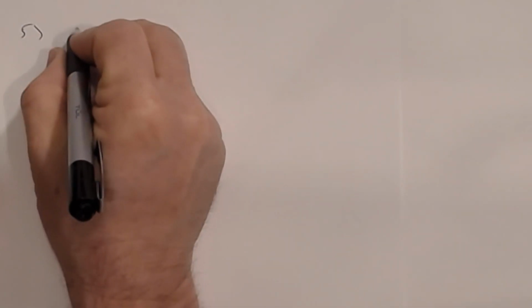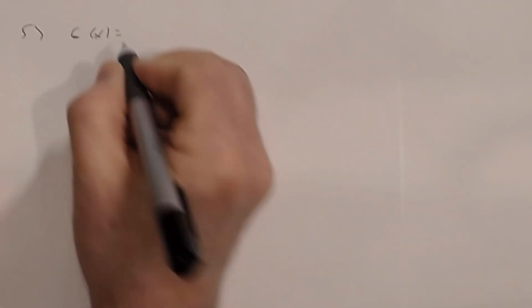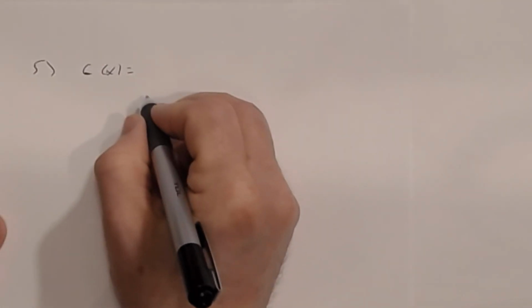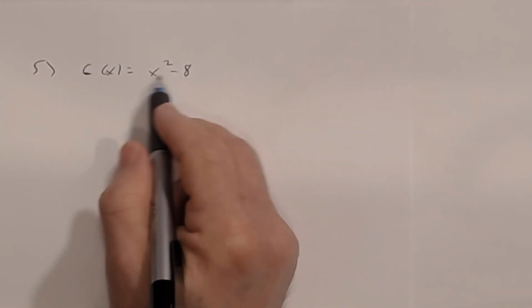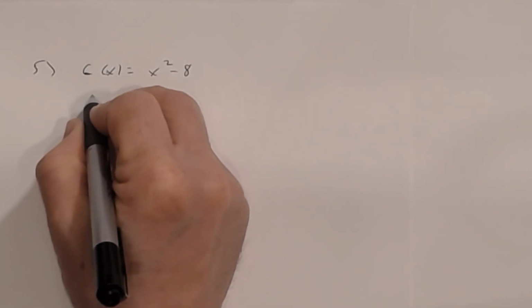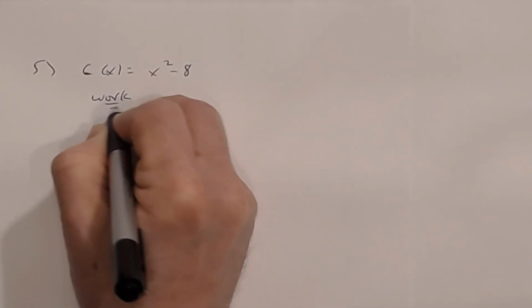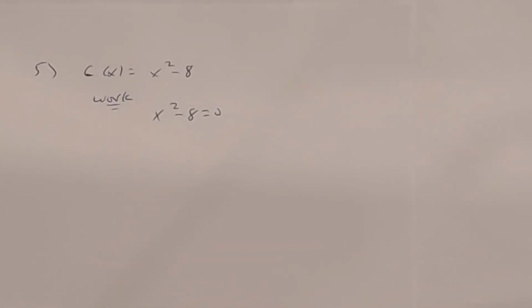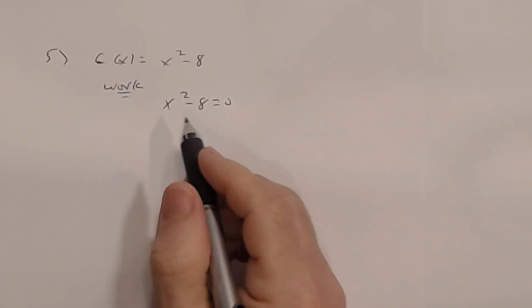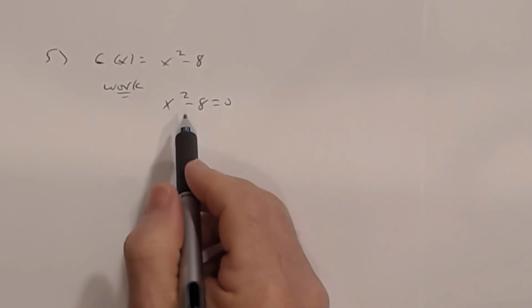So when we do number 5, we have g of x is equal to x squared minus 8. All right, x squared minus 8. Now, when I find the zeros of this function, I'm going to set that function equal to 0, like that. And so remember, in some of the other ones that we just did, it was factorable.